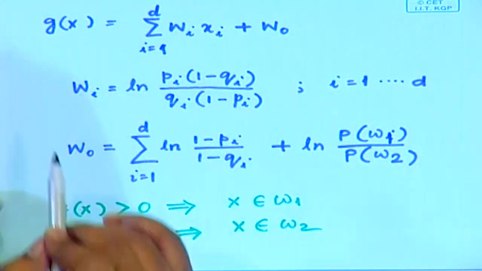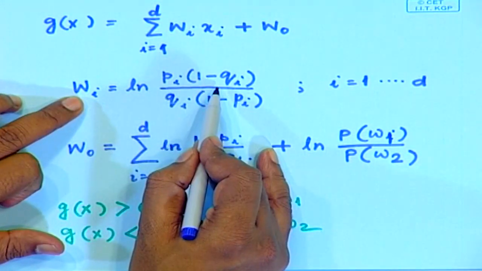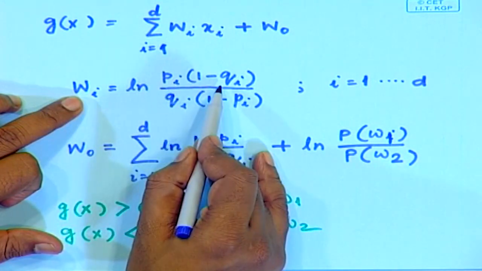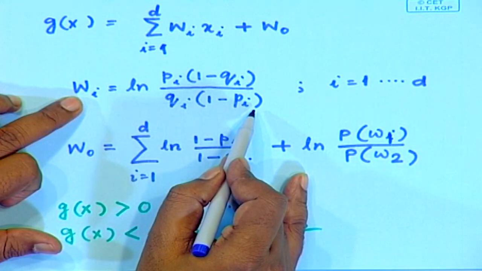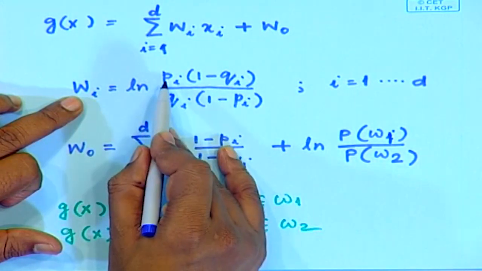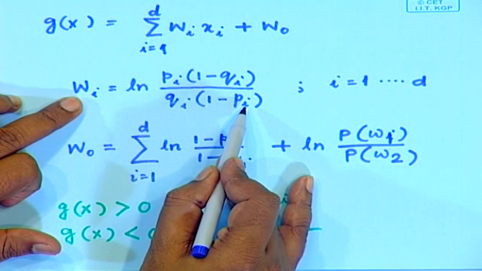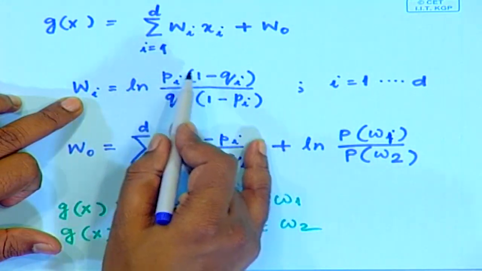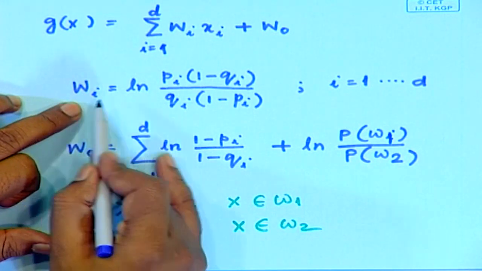So, again coming to this particular case, if pi is greater than qi, then obviously 1 minus qi is greater than 1 minus pi, right. So, in this expression, the numerator becomes larger than the denominator. So, this value is greater than 1, and when this value is greater than 1, the value of wi is positive.